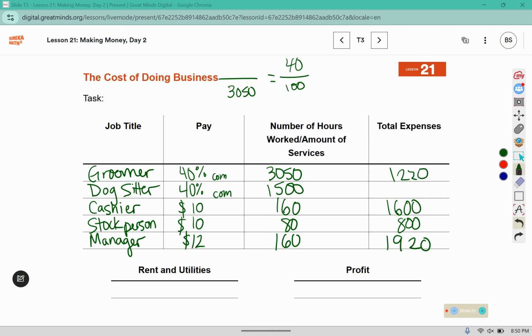So maybe you work out a deal with your groomer that it's based on the profit rather than the total sales. But for now, we're just going to use this value.